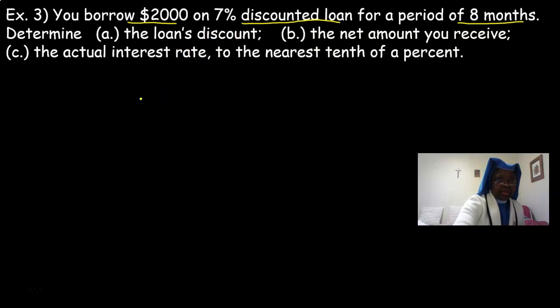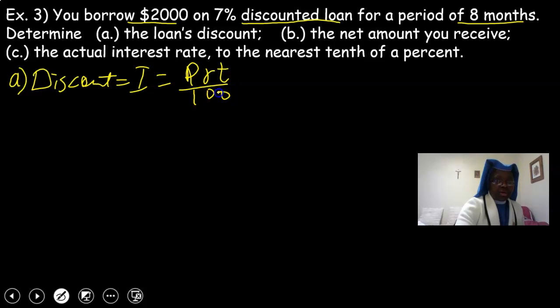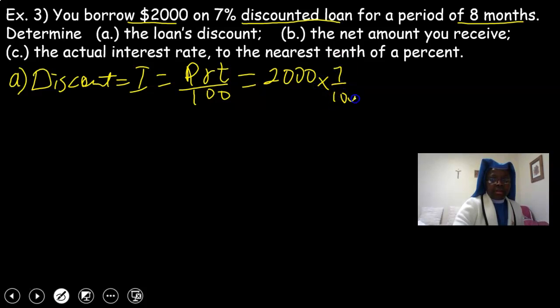So to find the discount, the discount is the same thing as the interest, which is principal times rate times time over 100. So which is going to be the initial loan times the rate, which is 7 over 100, times the time, which is 8 months, which we make it a year, so 8 over 12.